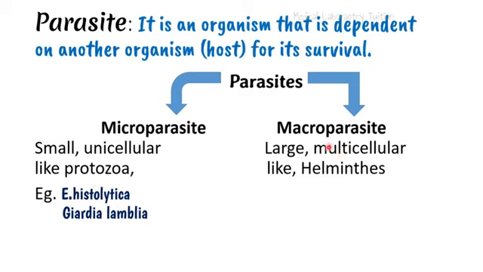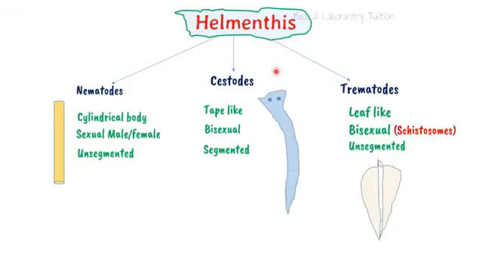So in the macroparasites we have helminths, okay. Now these helminths are divided into three types: nematode, cestode and trematode. In the case of nematodes, we have a cylindrical body, like our finger, which is cylindrical in nature. Another important thing is that nematodes have separate males and females, okay.